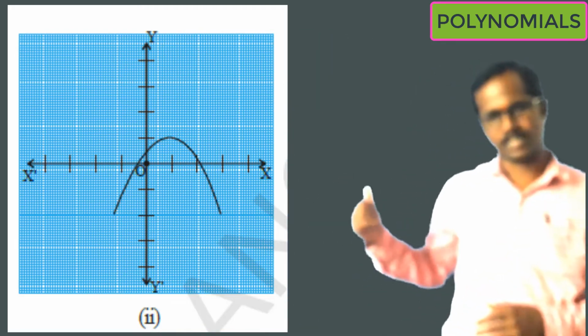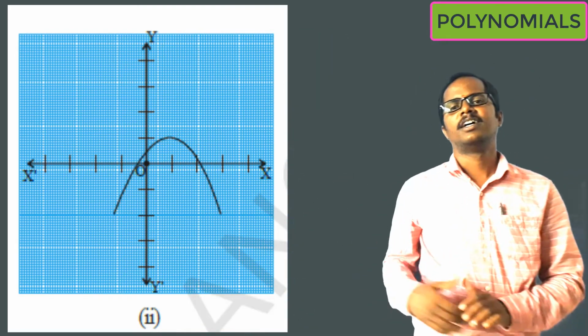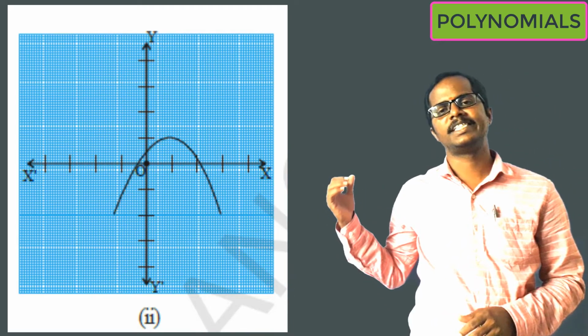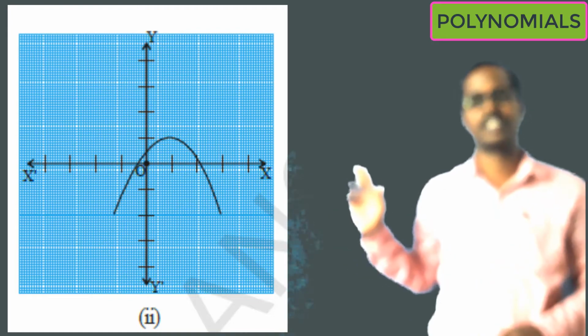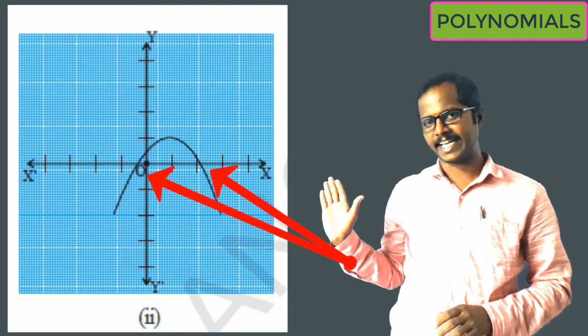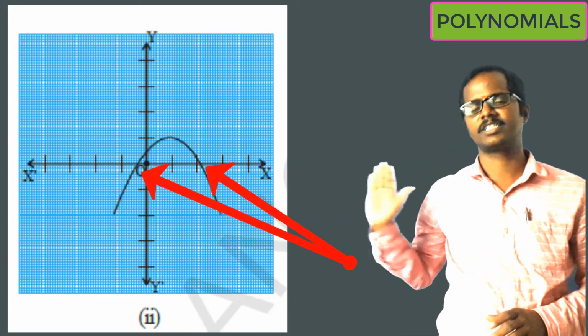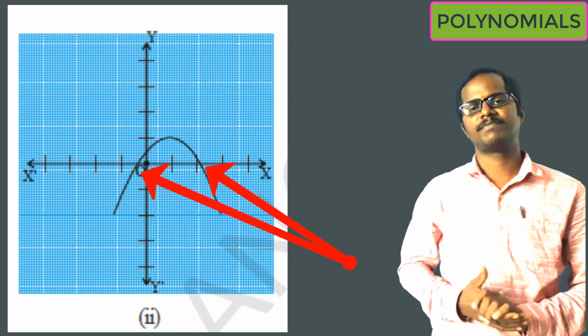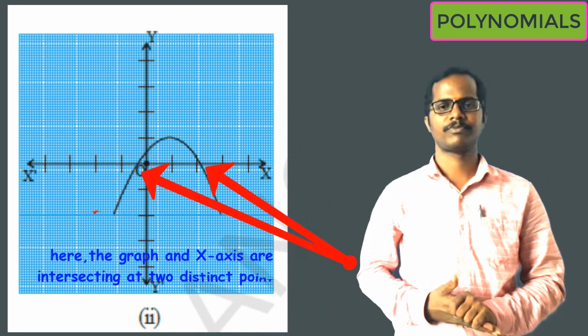By observing the graph, we can say the graph of this polynomial is intersecting the x-axis at two different points. So as this graph intersects the x-axis at two distinct points, the number of zeros of this graph is 2.